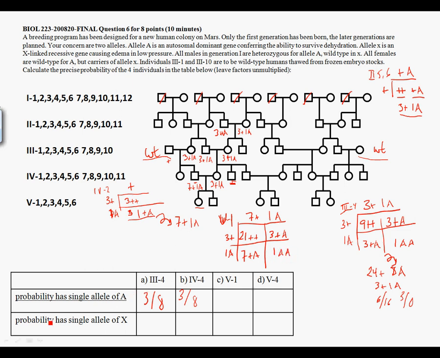And the question is asking us about a single allele of A. So single allele of A means we want these two, and 7 plus 3 is 10. So that will be 10 divided by a total of 21 plus 7 plus 3 plus 1, that's 32.